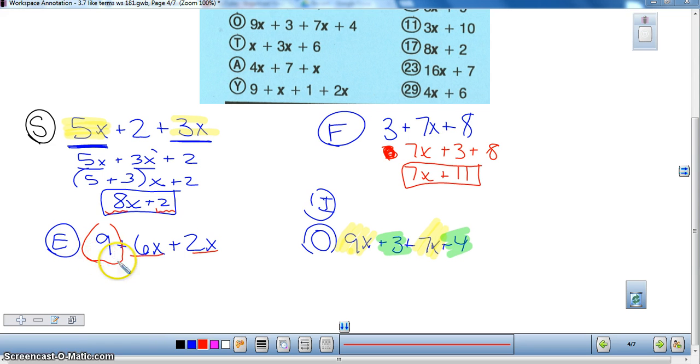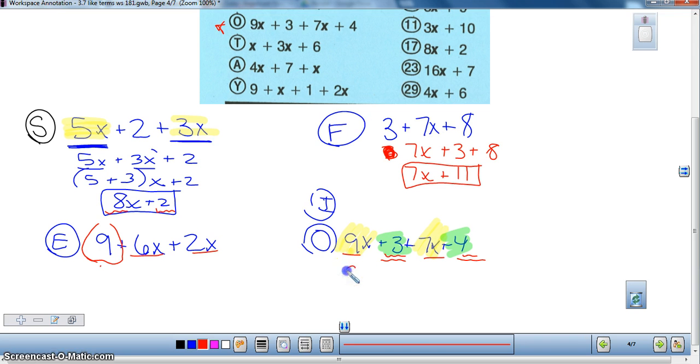Here's another problem. 9 plus 6x plus 2. What about when you get a bunch of things in it? And this is letter O up here. So I would like you to try letter E. Again, notice in O, I highlighted my x terms and I put my numbers in a different color of highlighter. Another thing I'll have students do is just simply underline once for our like terms, my coefficient ones, and maybe twice for my constants.